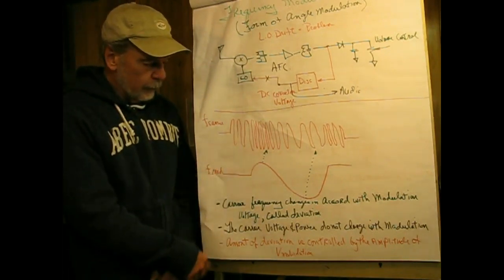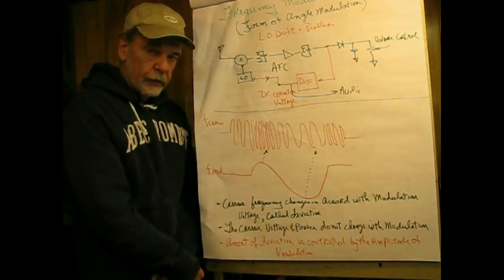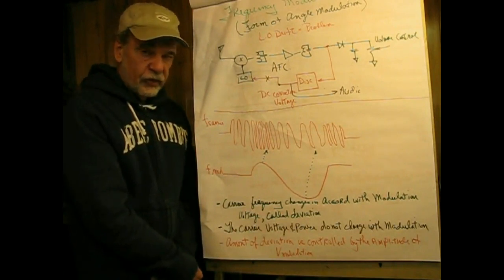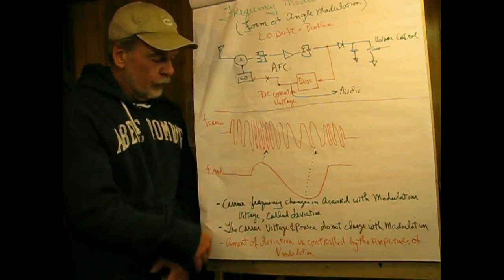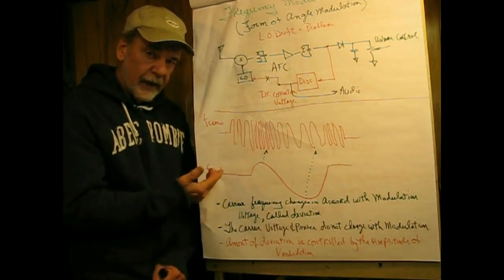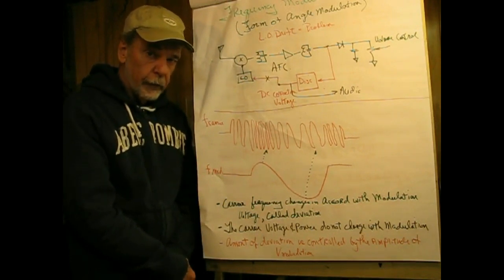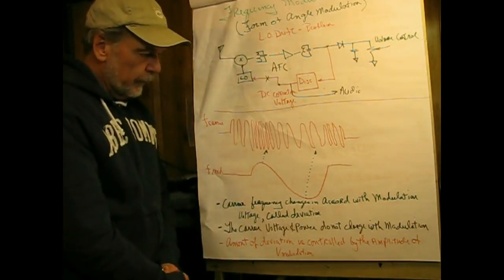And what's very important to note here is that the amplitude of this does not change with modulation. It's essentially constant. There's something called incidental AM, which results in the modulating process, but the receiver strips it anyway in a circuit called a limiter, and we'll talk about that in the future.